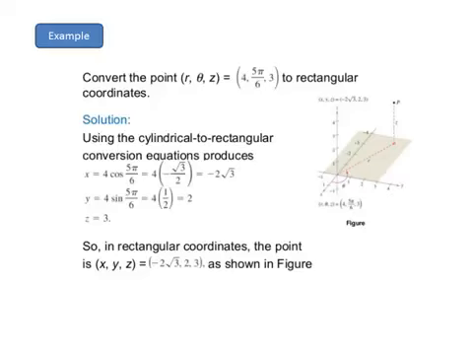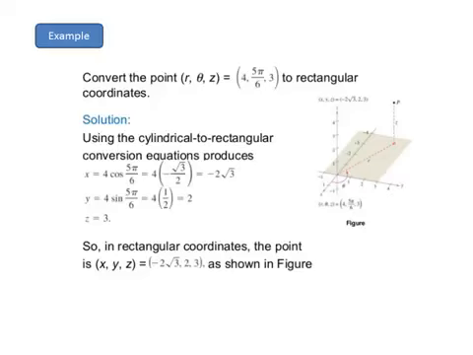We have another equation, y equals 4 sine 5 pi by 6, which is obtained after substituting the values of r and theta, which are given. So it gives 4 times 1 by 2, that gives 2. So y equals 2, and z remains the same in both coordinate systems, so its value is 3, as shown in the figure, which gives the transformation of the point from one coordinate system to the other.